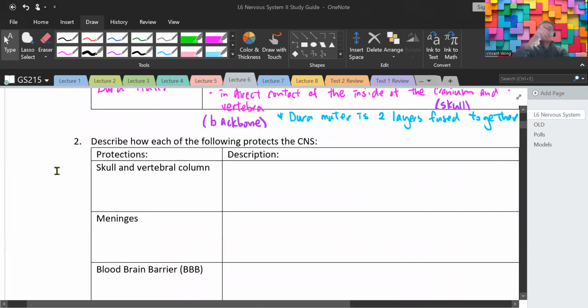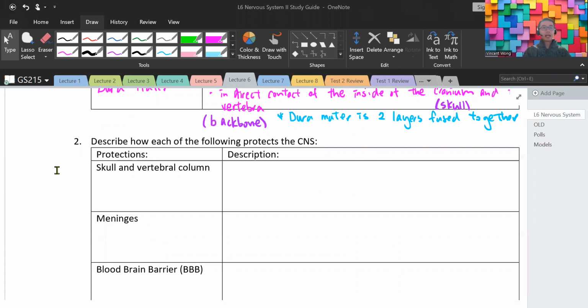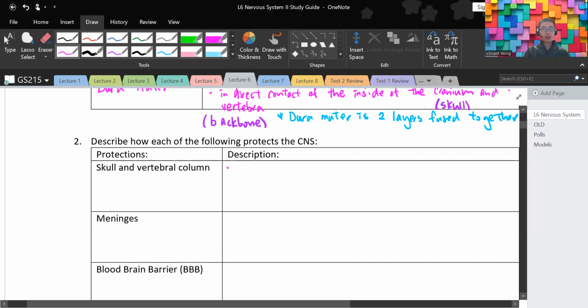All right. Describe how each of the following protects the central nervous system. The skull and the vertebral column, the backbone. Of course, they are very protective because they are bony structures that offer physical protection against blunt force.